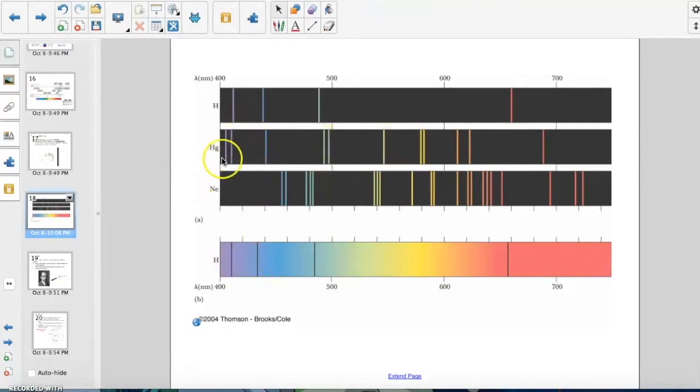As you can see, I was pointing at the mercury, but I meant the neon over here. So for the neon it would be the same. All these colors over here are because the electrons of the neon atom that are being excited, when they go back to the ground state or back to the lower energy levels, emit photons with frequencies and wavelengths that fall into this area of the visible light spectrum.